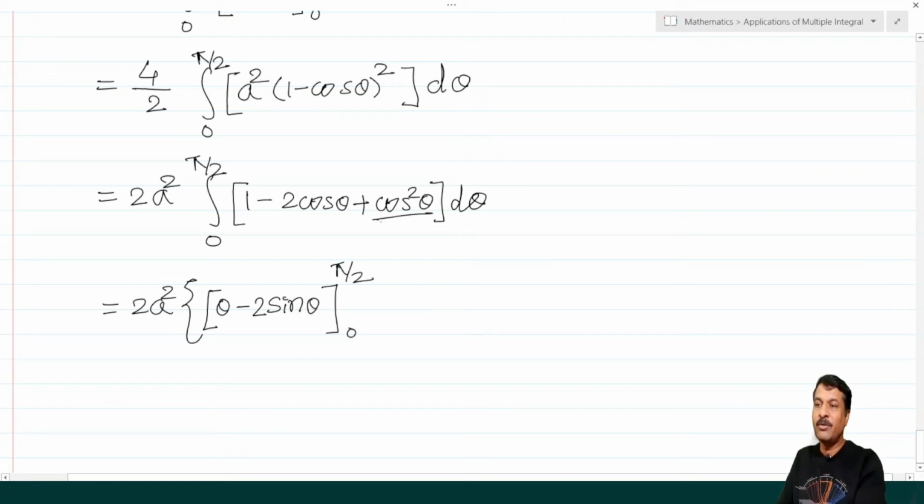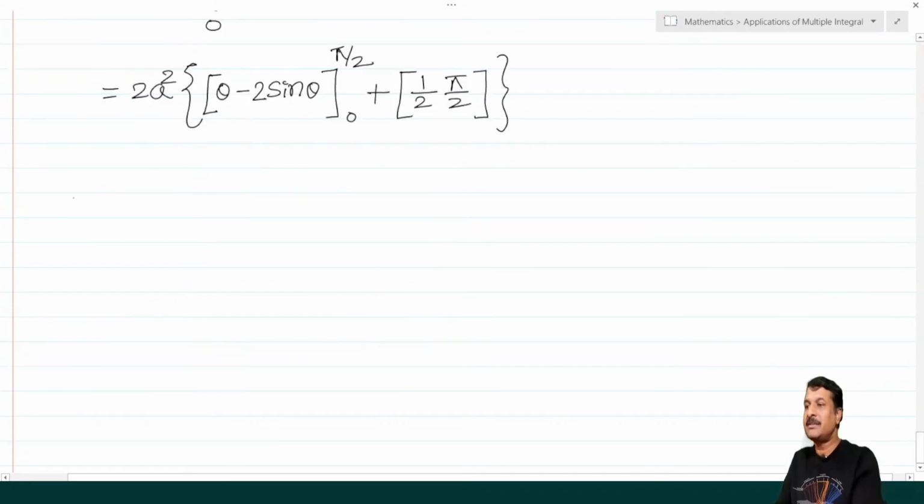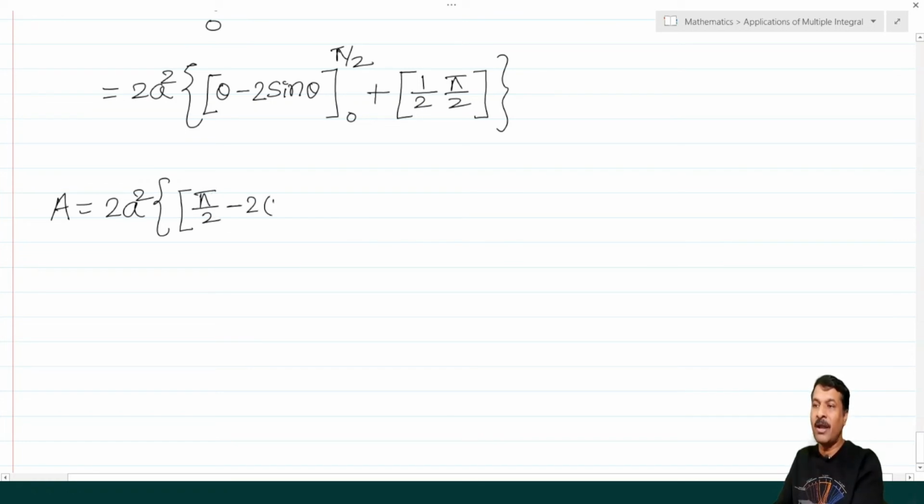And what about this one, the integral from 0 to π/2 of cos² θ? I will use the reduction formula. It is nothing but 1/2 times π/2, which is π/4. So simplify it. What is the required area? 2a² outside, upper limit θ is π/2 minus 2 sin π/2, which is 1, minus the lower limit where θ is 0 and sin 0 is 0, plus π/4.